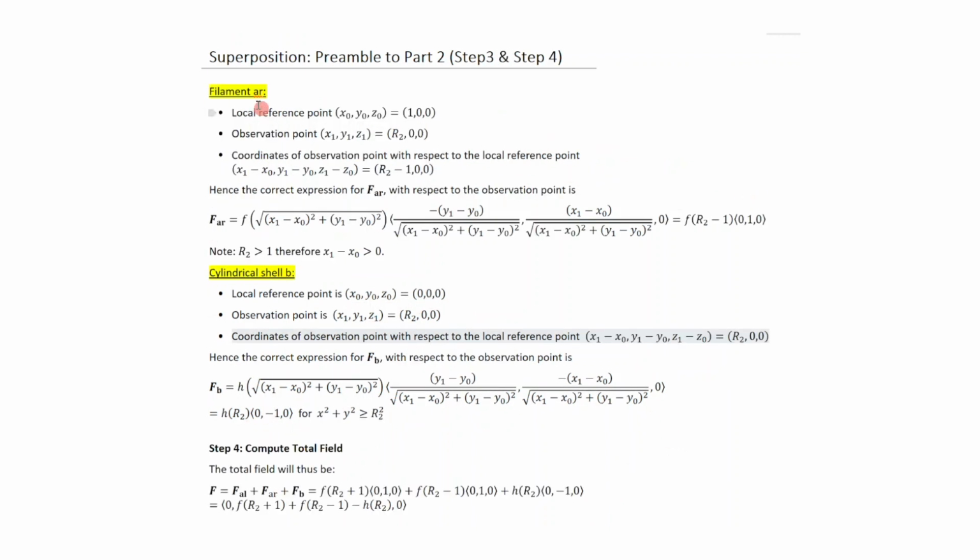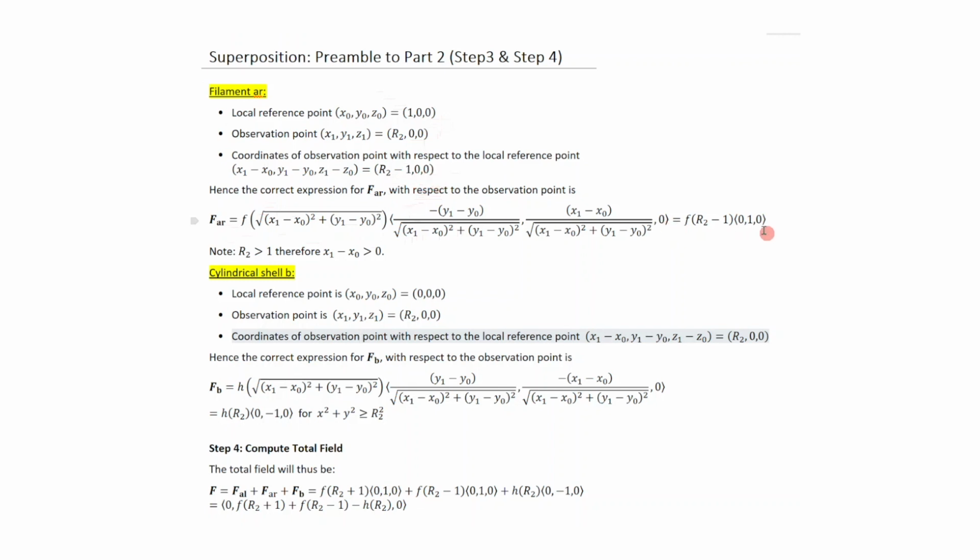We do the same thing for filament AR. There's the local reference point. Here's the observation point, and this is the difference between the two. Similarly, the only difference between FAL and FAR is that the x1 minus x0 and y minus y0 values are different in this case. If you make the substitutions from here, there's the x1 minus x0 component, and the y minus y0 and z1 minus z0 components are both 0.